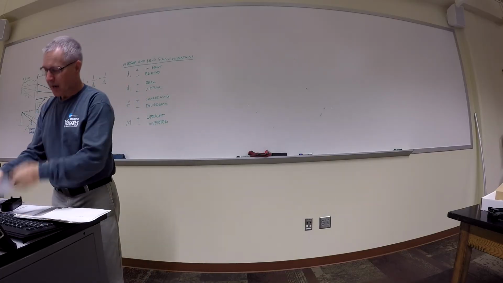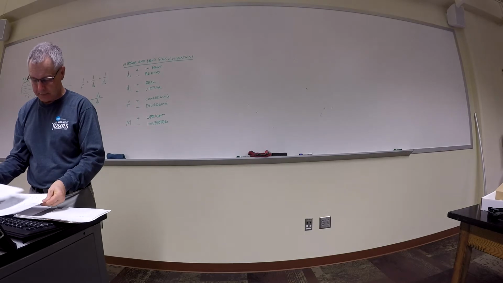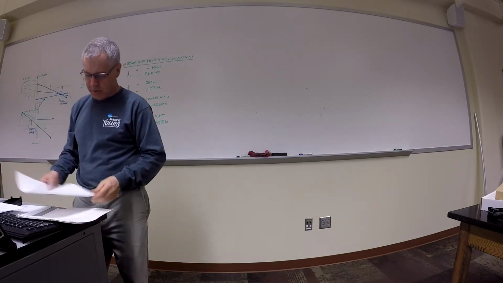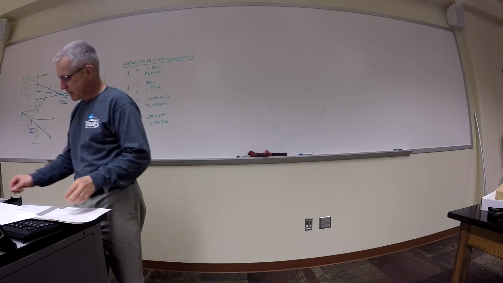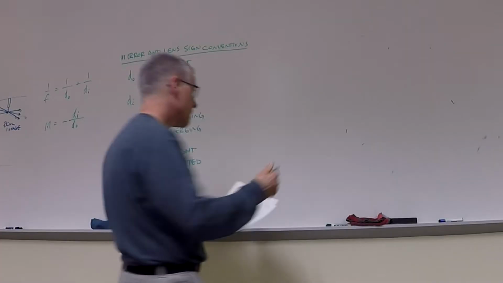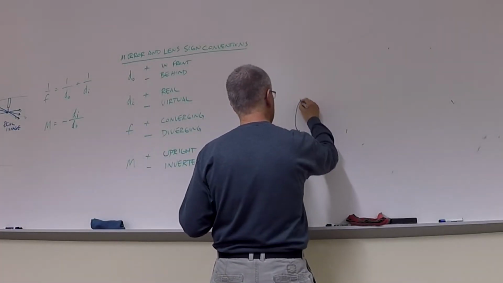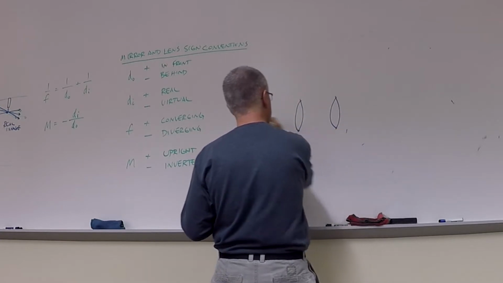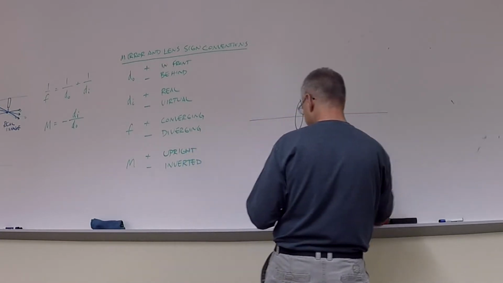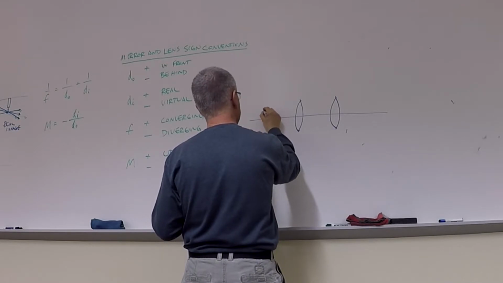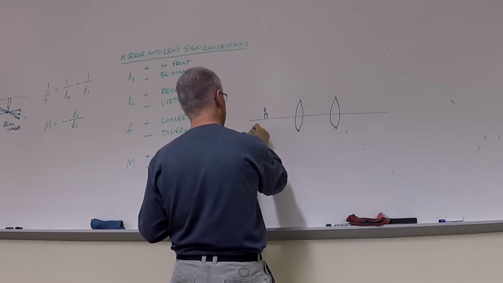Give you guys a problem here and see how you do. Let's see, what about if we had this setup? Say I've got two lenses, not one, and stick an object out here.